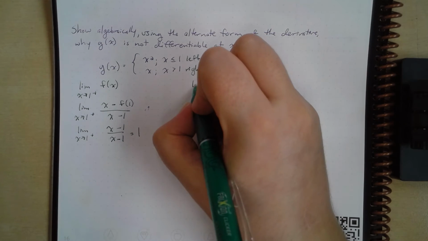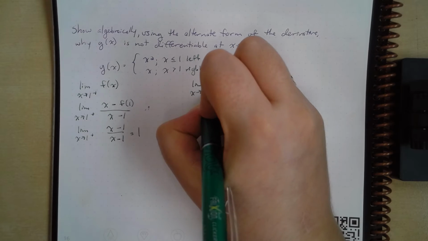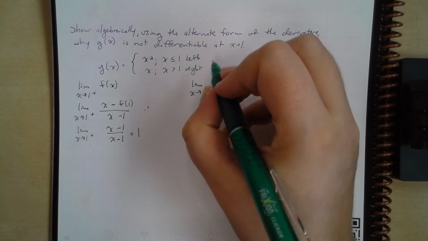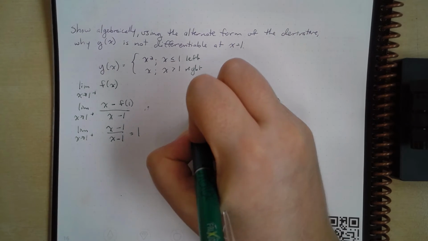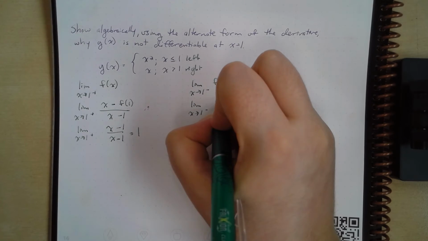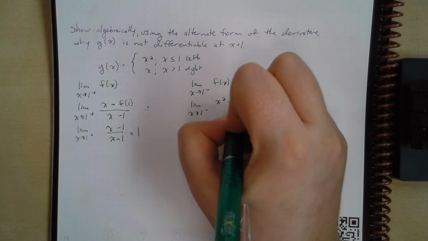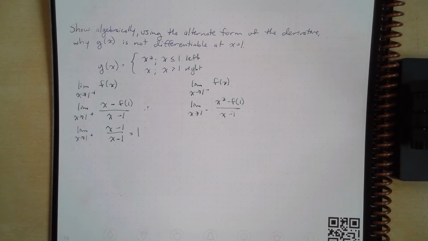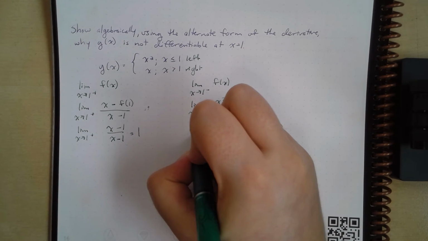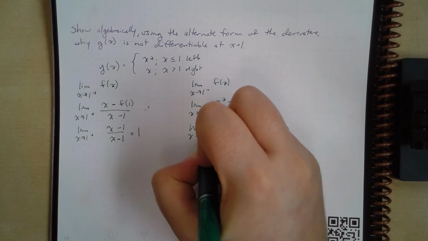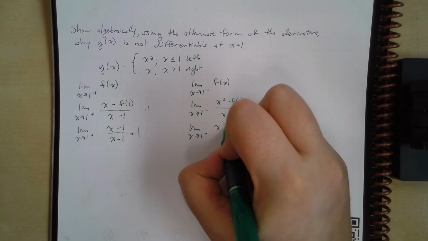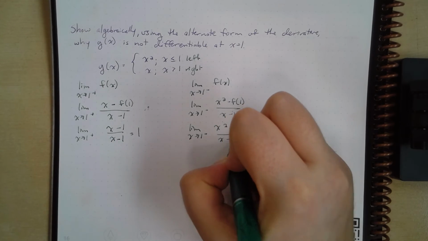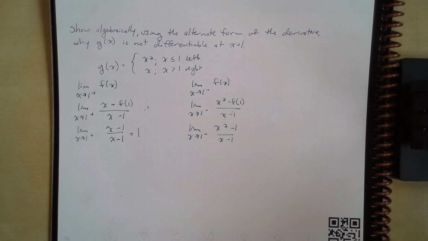Now we're going to find our limit as x approaches 1 from the left of f of x. Well, that's going to be the limit as x approaches 1 from the left of x squared minus f of 1 over x minus 1. So that's going to be the limit as x approaches 1 from the left of x squared minus 1 over x minus 1, which I can factor.